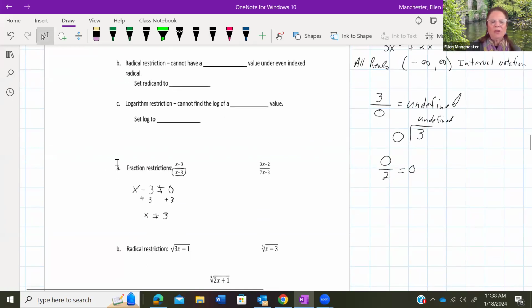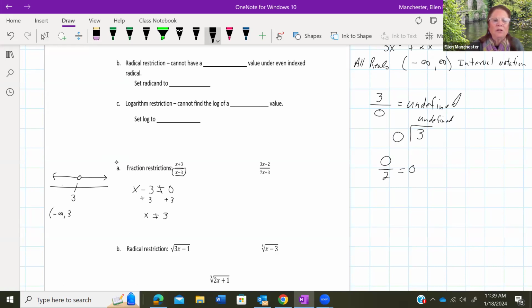So in interval notation, what I like to do is write this out on a number line. Remember, open circle means it's not included. So what this is saying is I can use all values that are less than 3, and I can use all values that are greater than 3. I just can't use 3. So again, the way MyMathLab works is sometimes it says all reals except, and you have to plug in the value 3. Or if it says write it in interval notation, it would look like this.